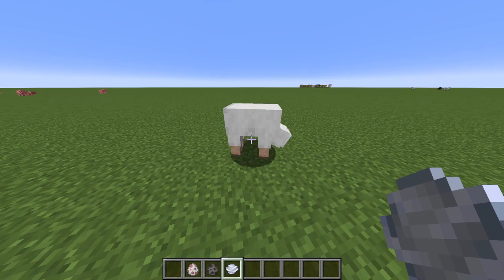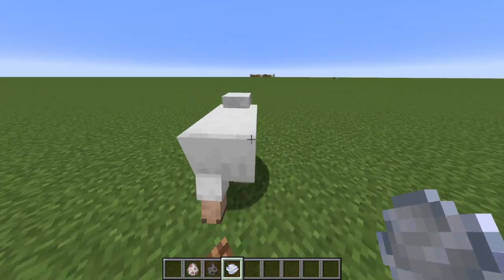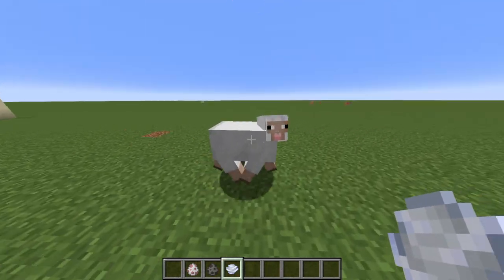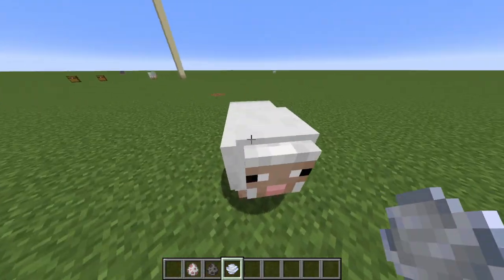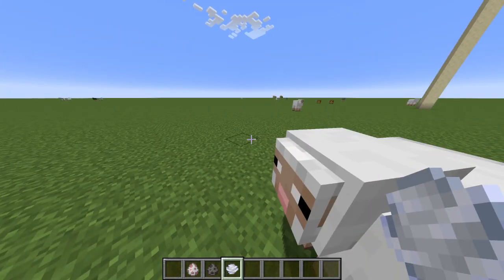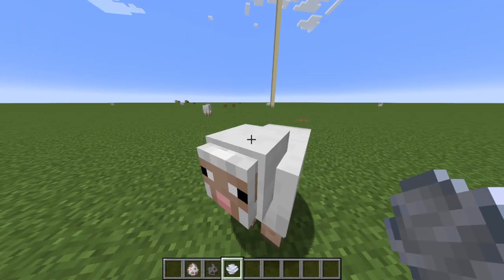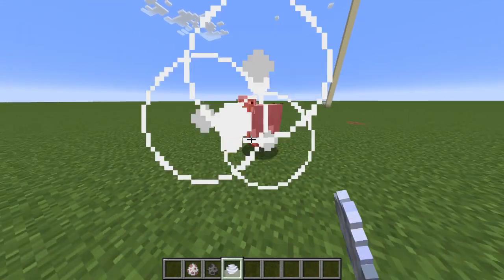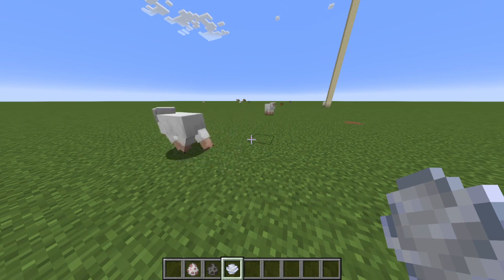If I were to have the sheep here, and I were to use a wind charge, I'm gonna be inflicting a force on him, okay? And now, wait, look, I moved back. I don't know how to explain this better, but you see, we both move back. I'm inflicting a force on him, and he's inflicting a force on me, pushing me in the backward direction.